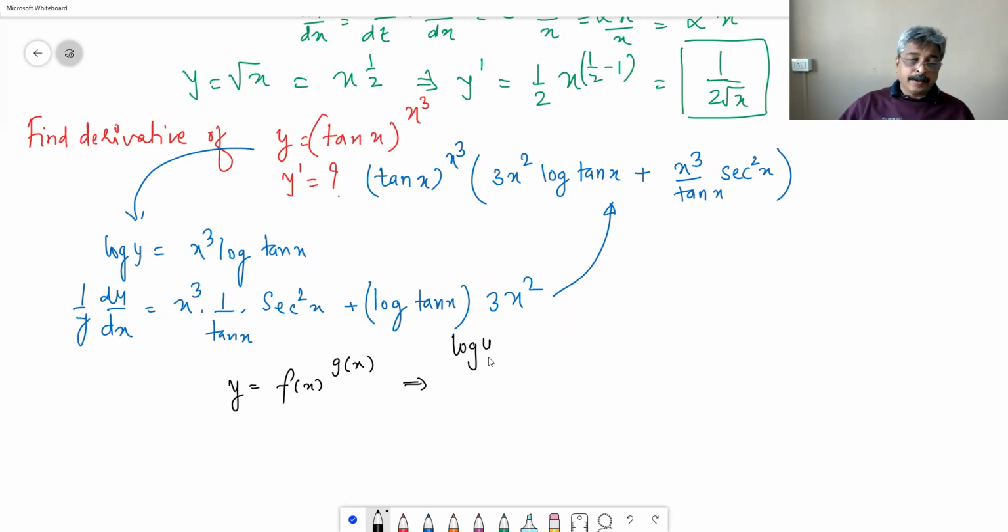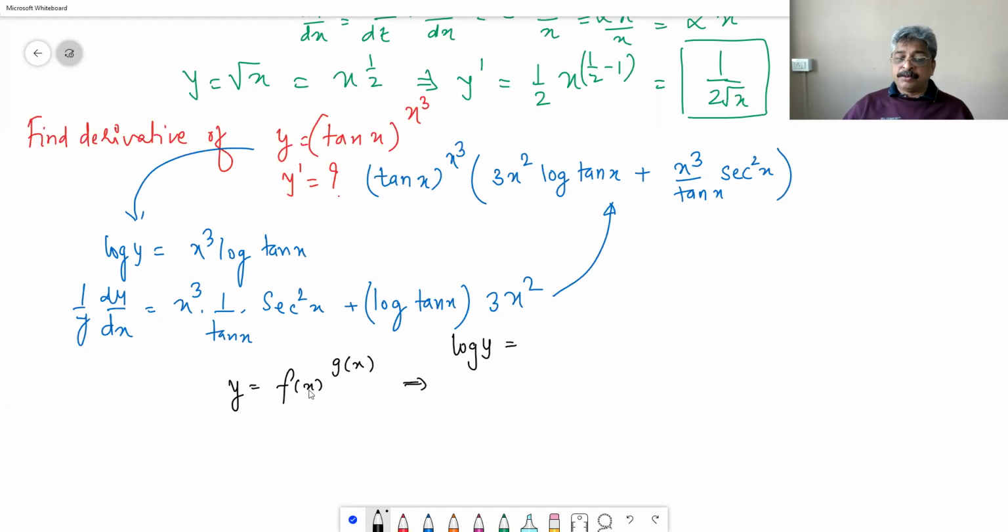Log y is equal to, now we assume that y is well behaved because it is an exponential type of function on the RHS. This is going to be positive. That is what we are assuming while taking log. Otherwise, we are not allowed to take a log of a negative quantity.